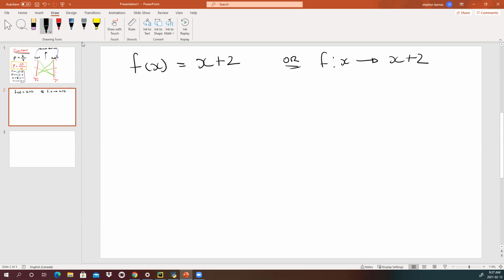So this is read as f of x is such that x is mapped onto x plus 2, or f of x equals x plus 2, and this is read almost the same way. This is read f is such that x is mapped onto x plus 2, and this one is read f of x equals x plus 2, which really works out to the very same thing.